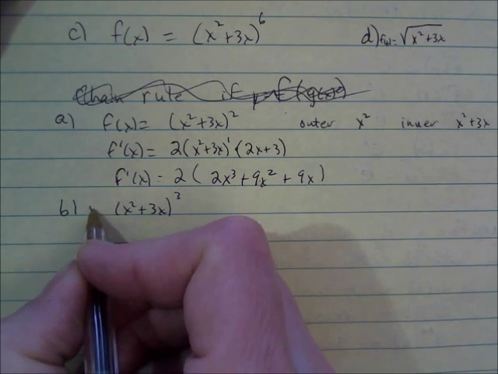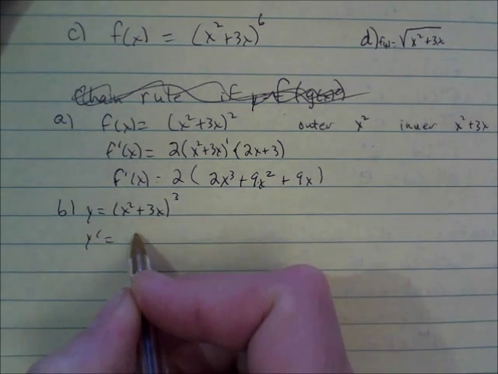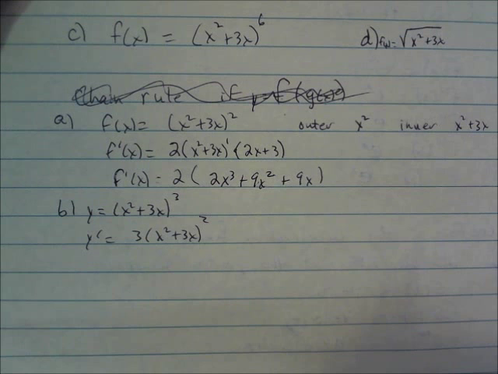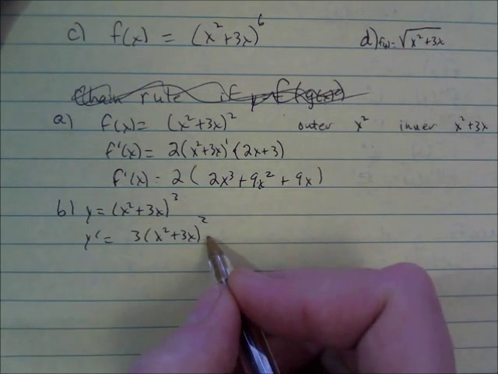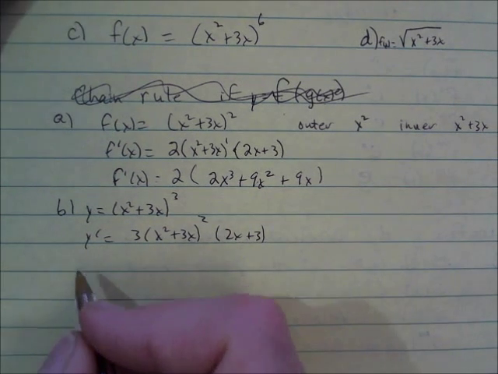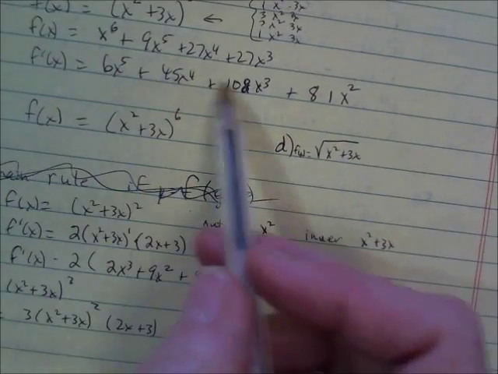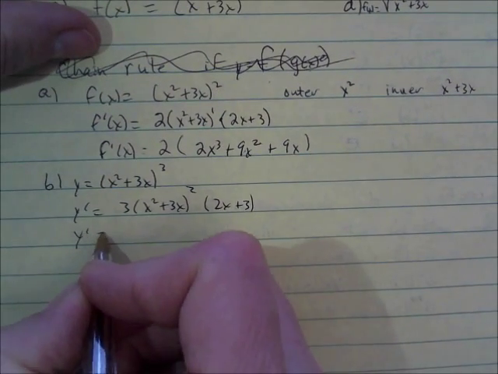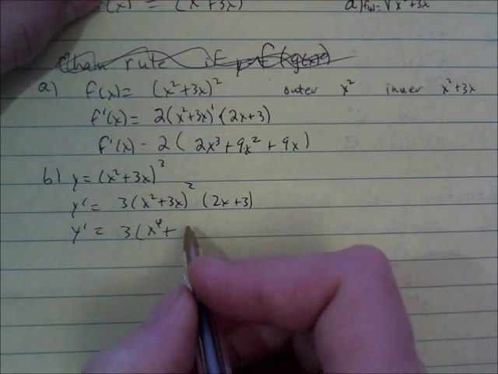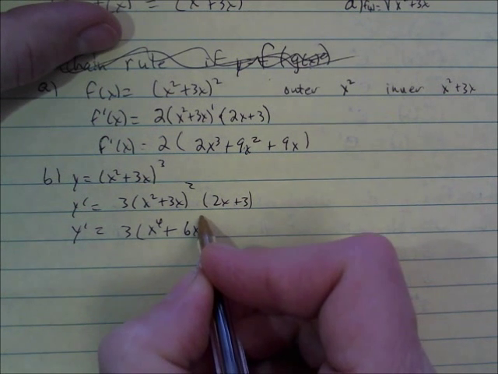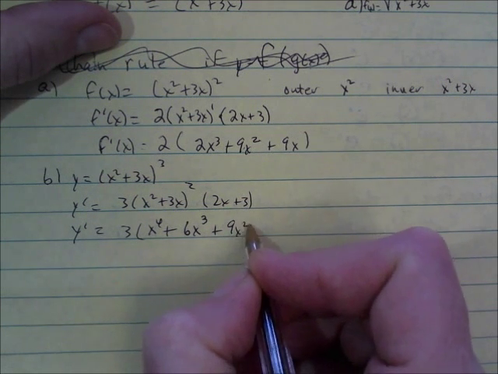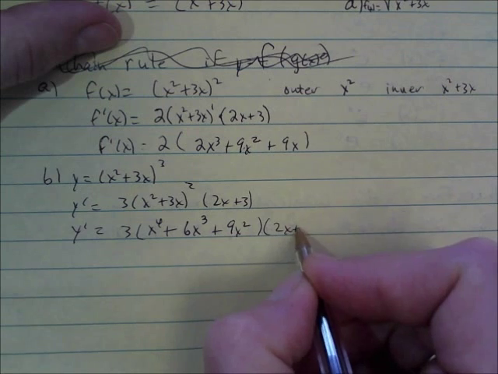But if we wanted to use the chain rule, the derivative would be 3 times x squared plus 3x all raised to the second power. And then the chain rule says we have to multiply it by 2x plus 3. So if we wanted to get this derivative to match up with the one up here, we would FOIL this out: x to the fourth plus 6x cubed plus 9x squared, times 2x plus 3.